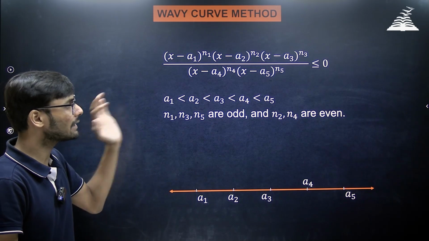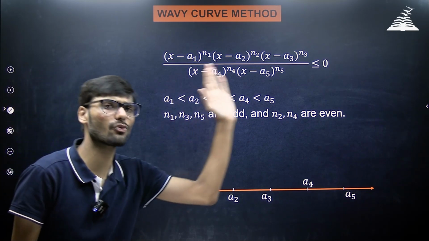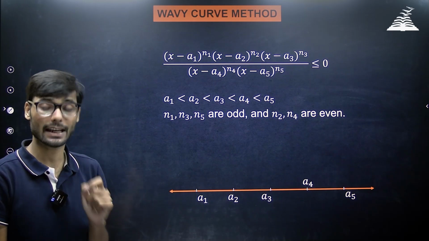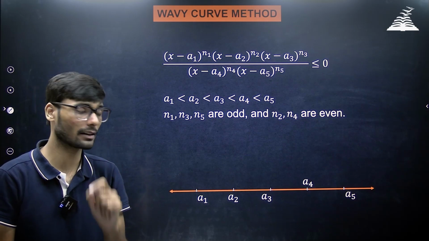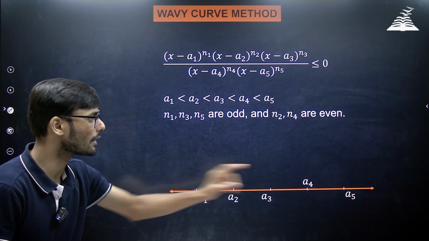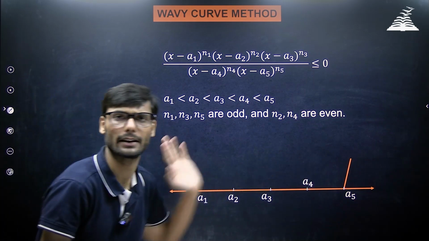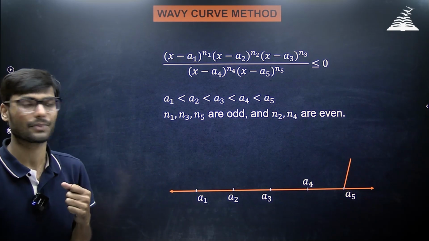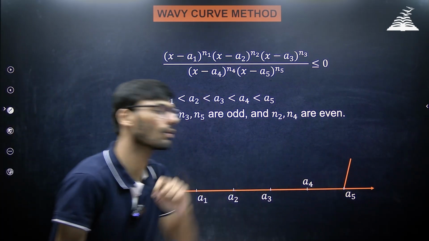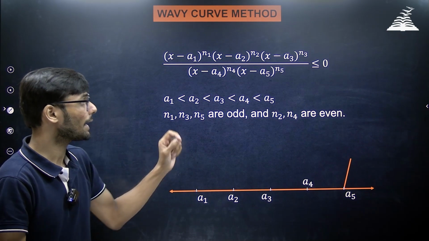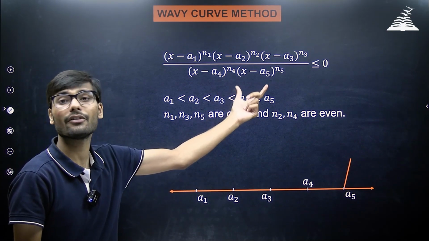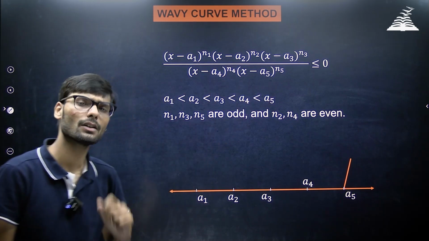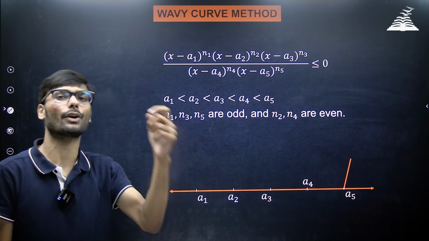Now the third step is that the extreme right region will be positive, right? So that's going to remain positive. I'm plotting it like this. Now between A4 and A5, here we need to focus on A5. x minus a5 raised to the power n5. n5 is odd, so here the sign is going to change.